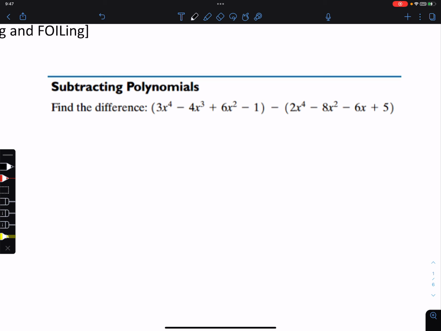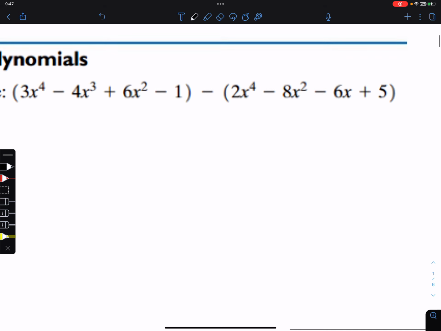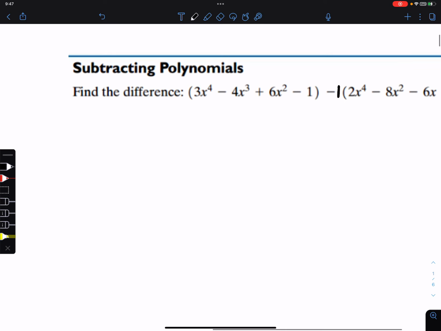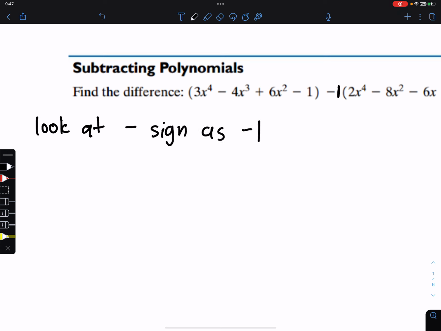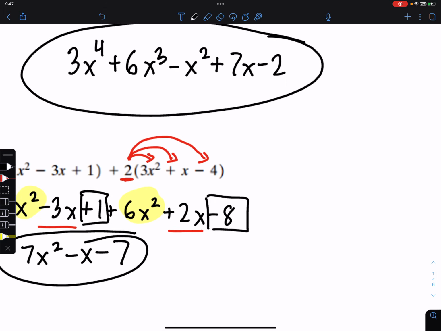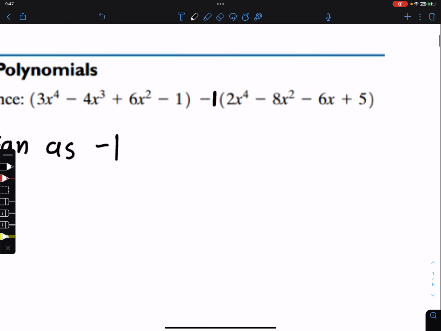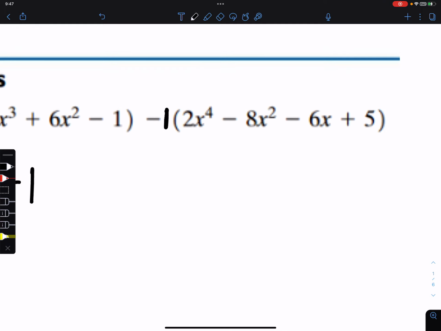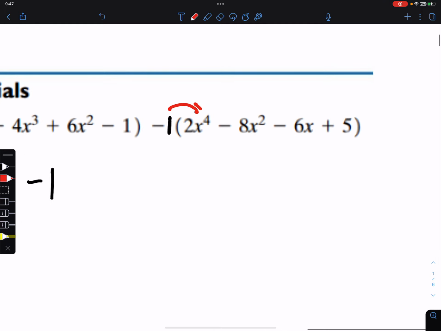So what we have to do here is look at this negative sign as a negative 1. So I'll write this down: look at negative sign as negative 1. Now that we do that, we do the exact same thing we did here. We distribute the negative 1 into the right term. So negative 1 times this, negative 1 times this, negative 1 times this, and negative 1 times this.